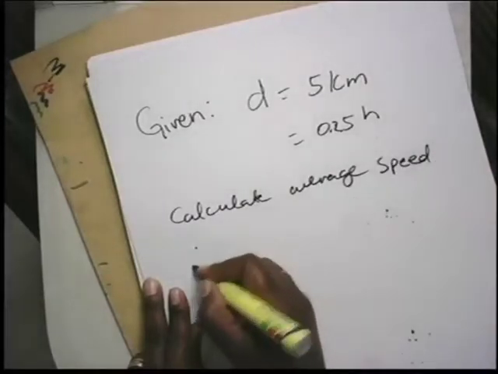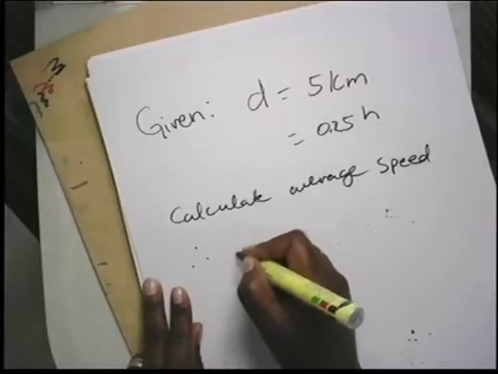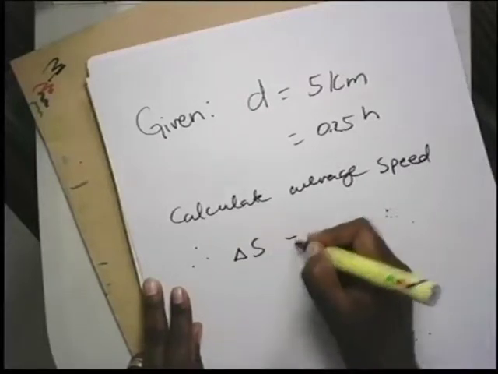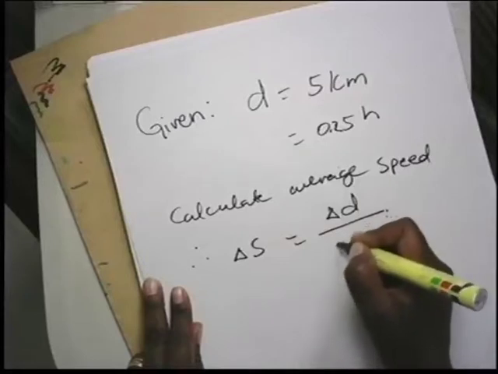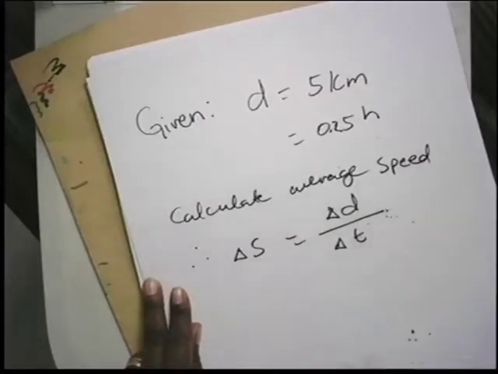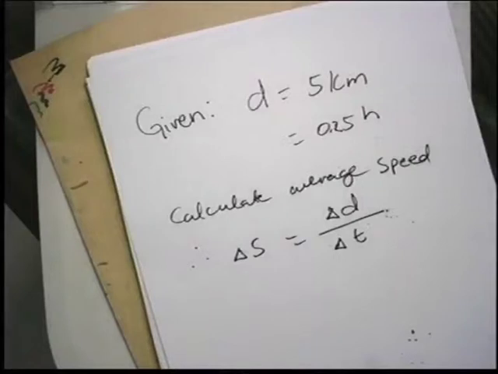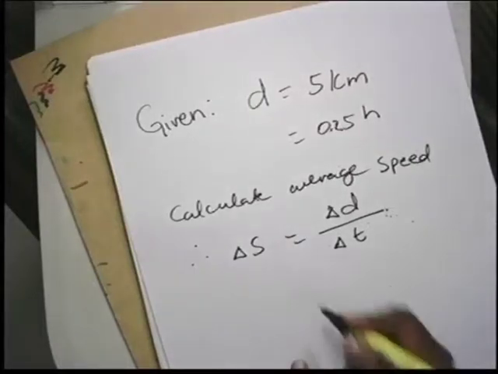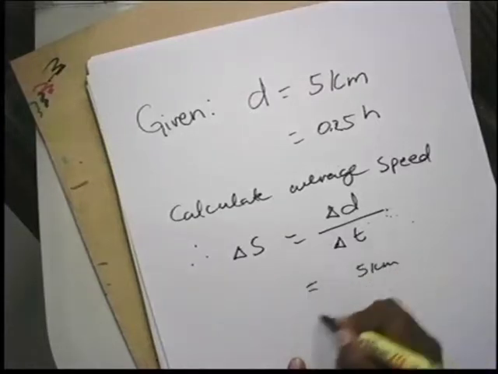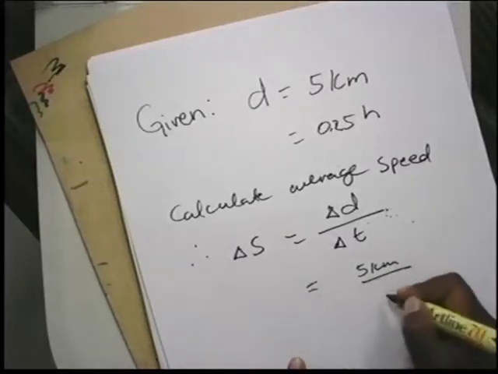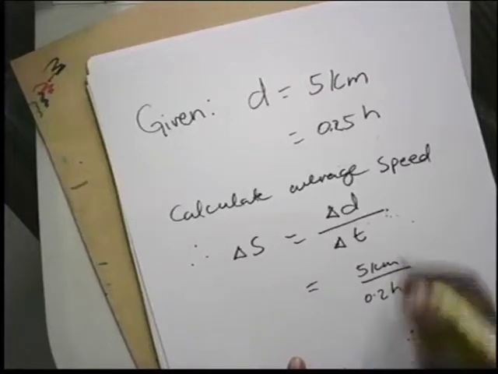We say the average speed is equal to the change in the distance over the time taken. The total distance that was traveled was 5 kilometers, divided by the time, which is 0.25 hours, which is a quarter.